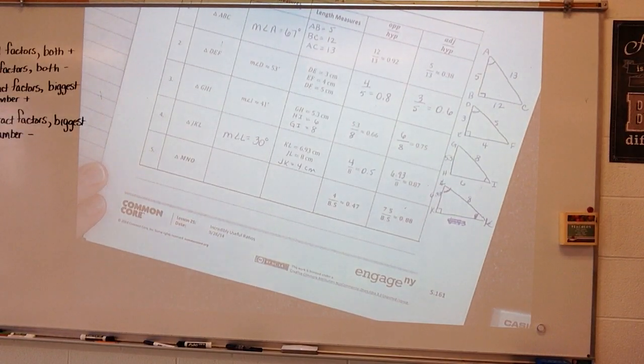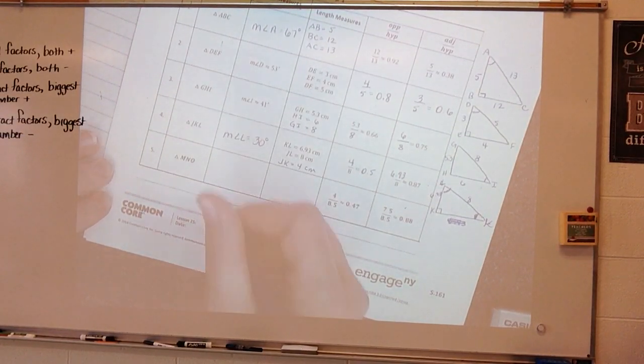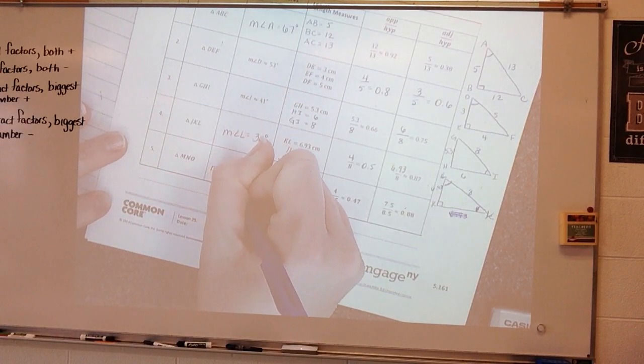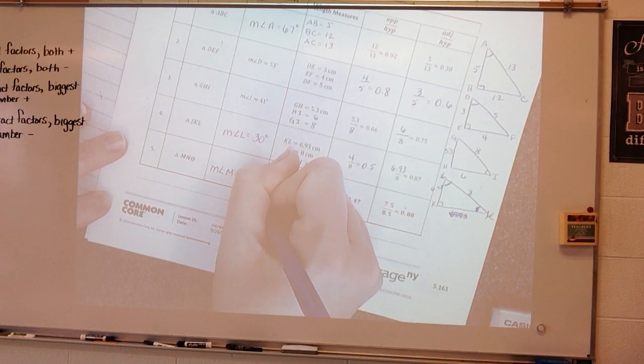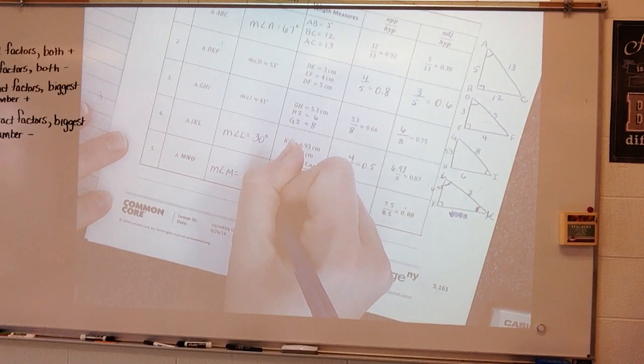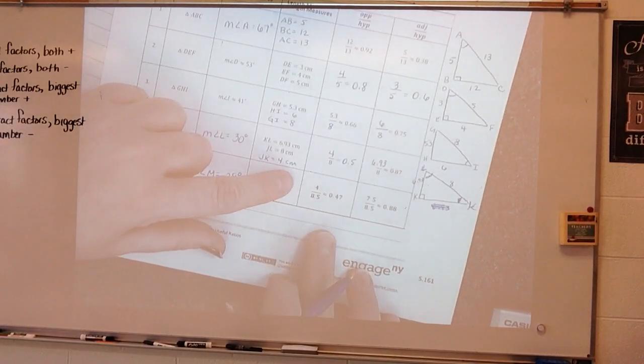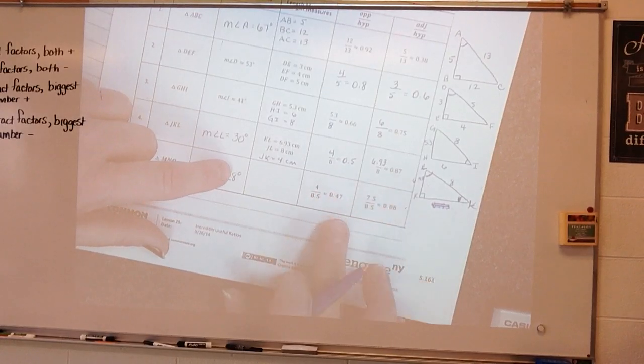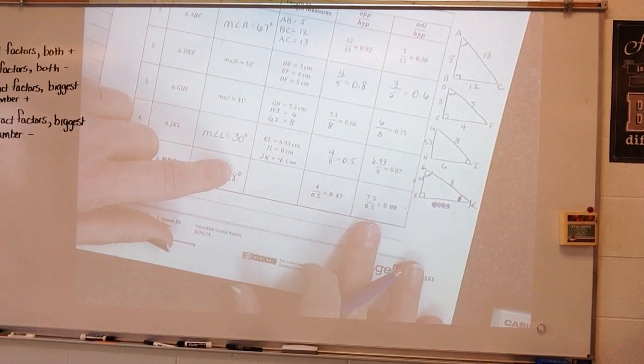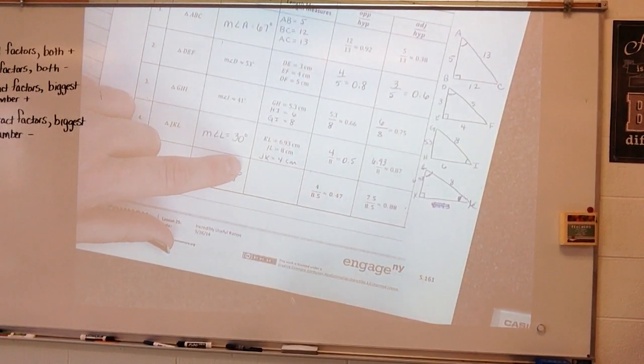Alright, let's look at number 5. Triangle MNO. We're looking at the measure of angle M is equal to 28 degrees. Alright, now we can look at our triangle and base that off of, so I know my hypotenuse, I know my adjacent, and I know my opposite.